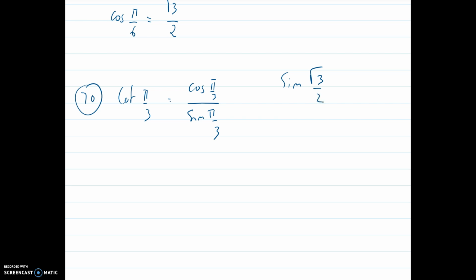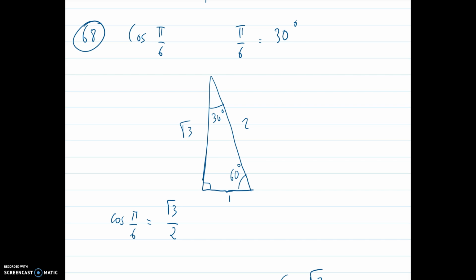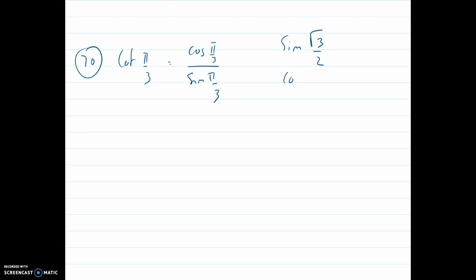What is cosinus pi over 3? Based on this triangle right here, cosinus 60 is 1 over 2. So sinus pi over 3 equals square root of 3 divided by 2, and cosinus pi over 3 equals 1 over 2.